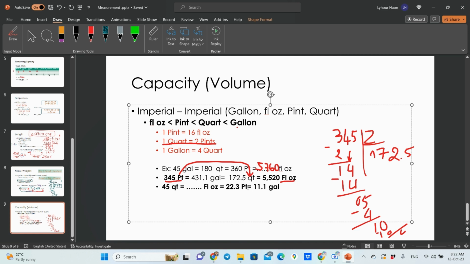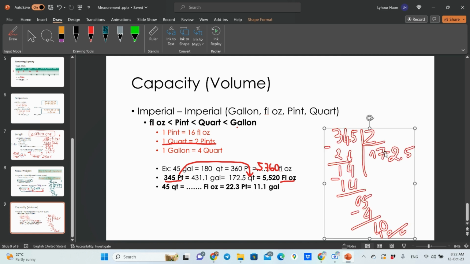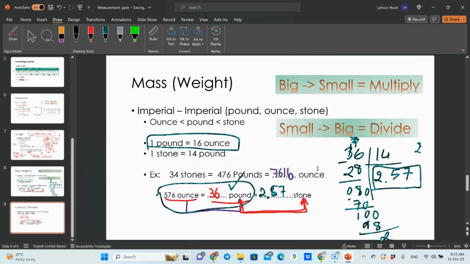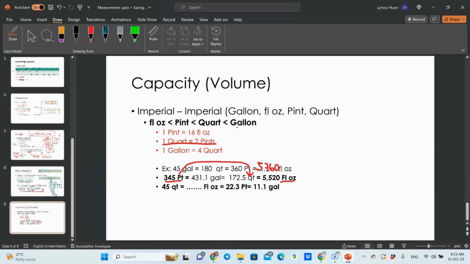Oh, my teacher would definitely take the point off. Sometimes you got the right answer, so it's understandable. Like this, maybe 172.5. So wrong.